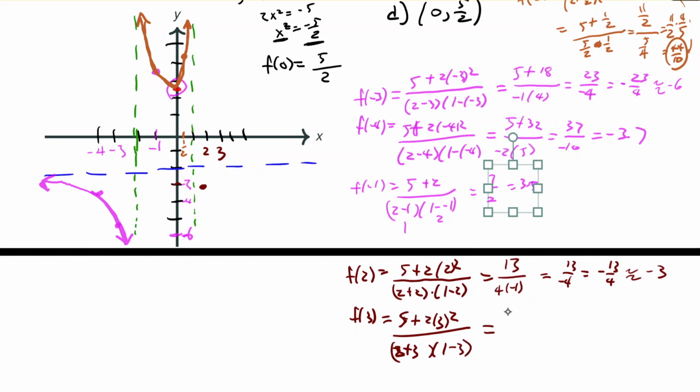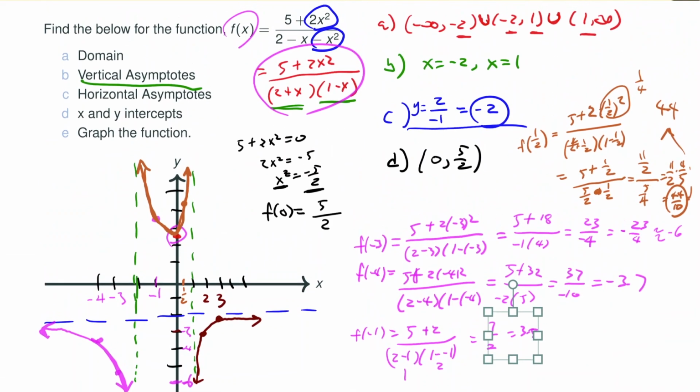We get 9, 18. 5 plus 18 over 5 times negative 2 gives me 23 over negative 10, which is negative 2.3. Here's negative 2. Negative 2.3 is close to negative 2 from the bottom. So now that we have these two dots, we know the graph should be some of this shape right here, like this. Okay, so let me go back to this graph.